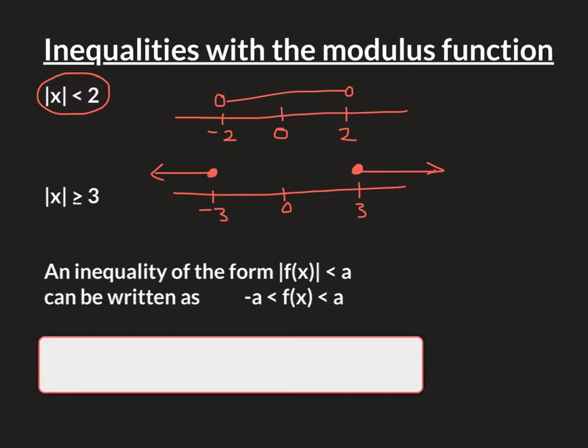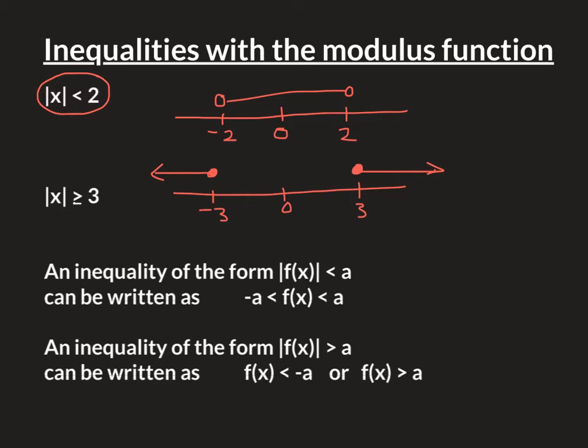And you can probably guess for the second one, if it's in the form that the modulus is greater than a, it can be written as f of x is either less than negative a or greater than a. Obviously, if you've got the lines underneath, then you just carry those through to those inequalities as well. So if that was greater than or equal to a, then these would be greater than or equal to here, and this would be greater than or equal to here.